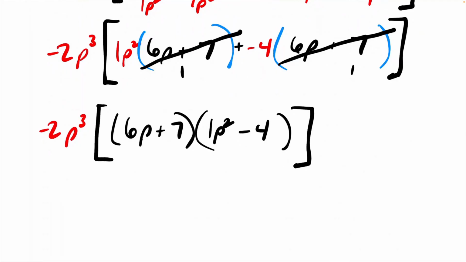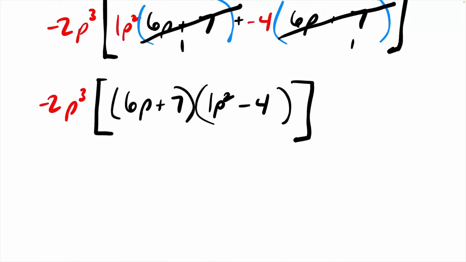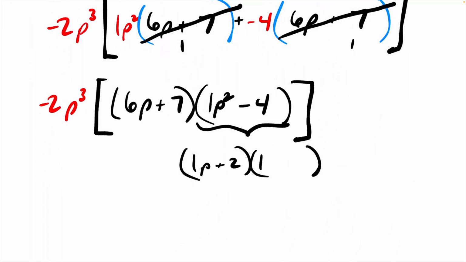Last step, difference of squares. Are any of these guys difference of squares? That one is. This one finally is. It wasn't on the last one because there was a plus in the middle, but it is now. So we have 1p plus 2, 1p minus 2. Again, you don't have to write the 1 in front.